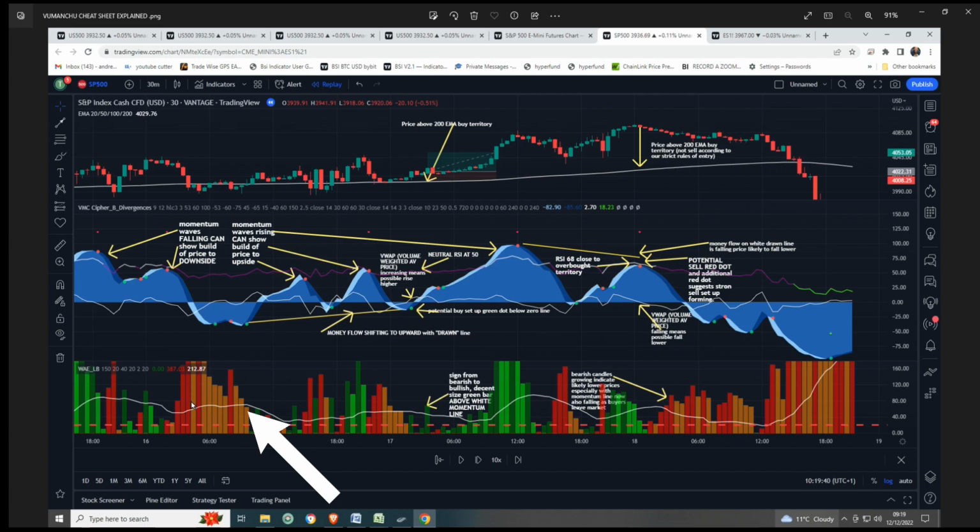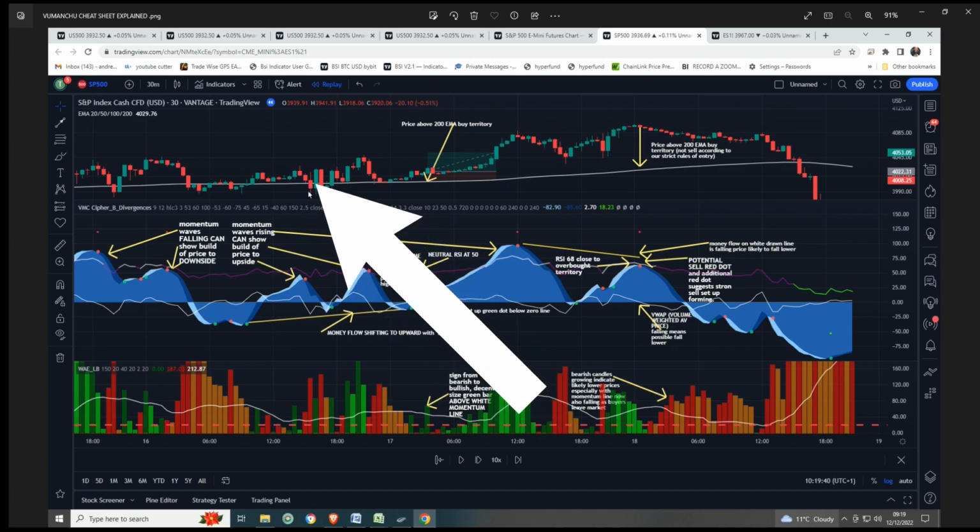If the bars are above the white line, then the pressure is reasonably strong, depending on how big these bars are. And you can see that momentum is slowing down here and slowing down, and it does lead to a slight breakdown in price here.